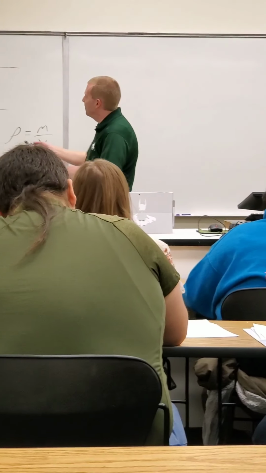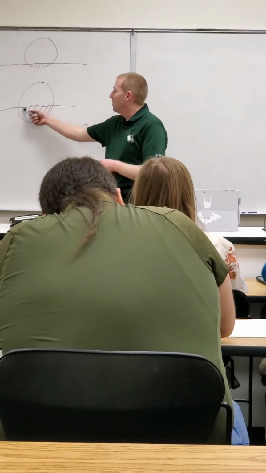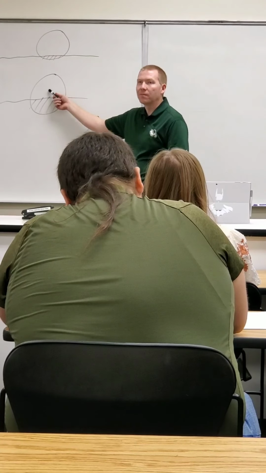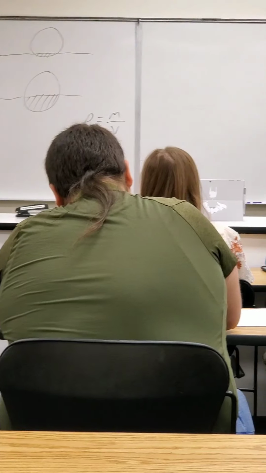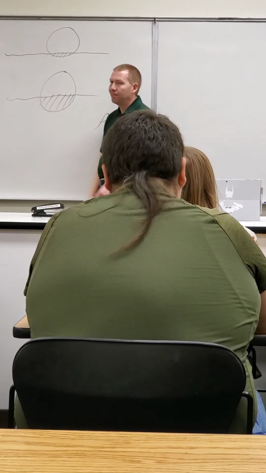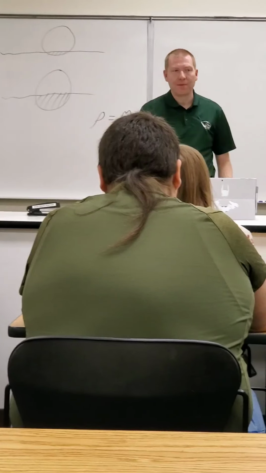And the amount of it that gets submerged, basically, this much water has to be the same weight as the object. The weight of the water that you're displacing has to be the same as the weight of the object, if it's floating. Right?